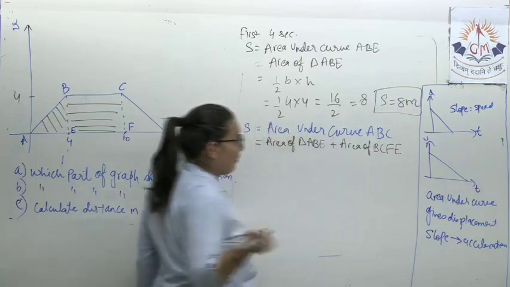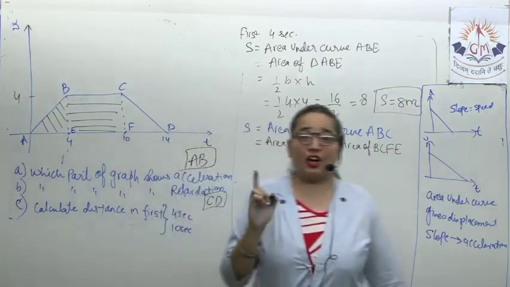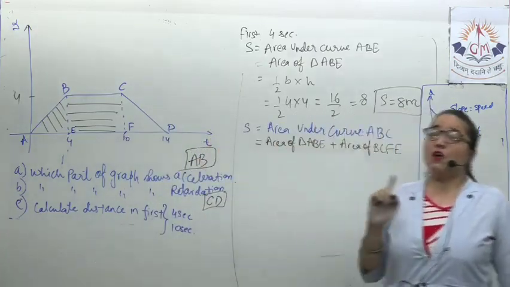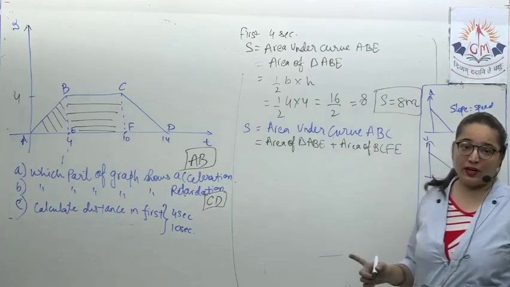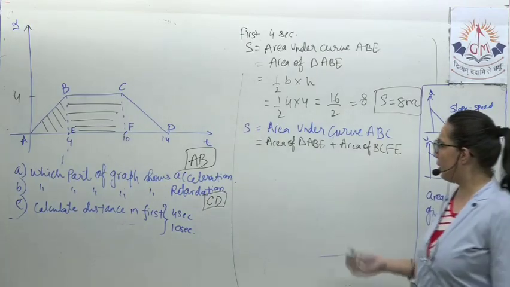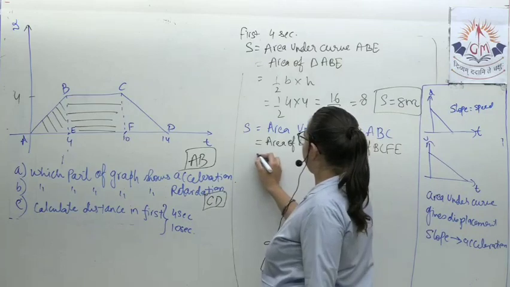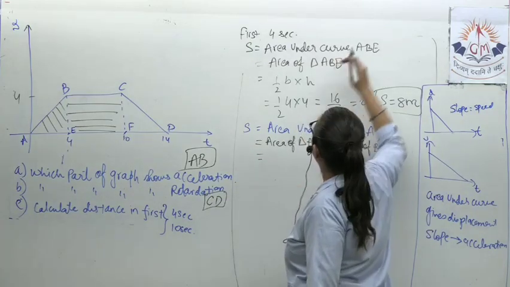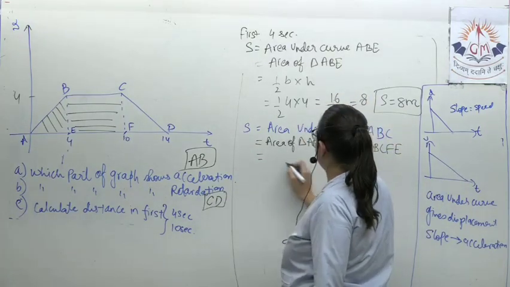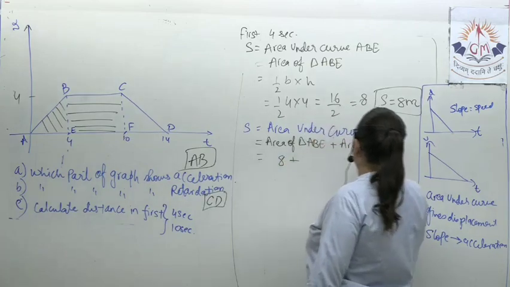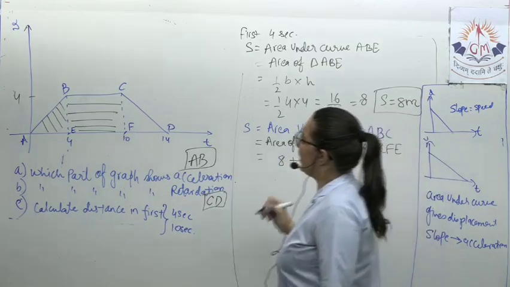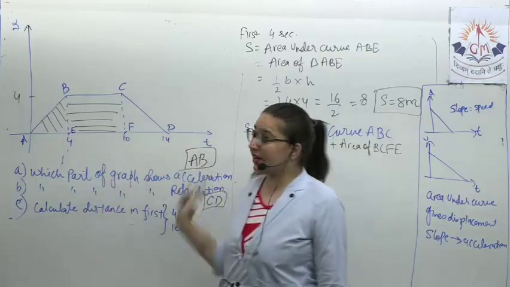Here we will be using the formulas from the first day of the numerical session. Area of a triangle is very easy: half base into height. And we just got the area of triangle ABE as 8. BCFE is a rectangle.